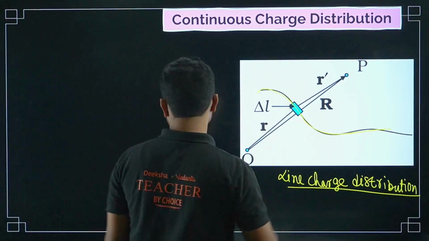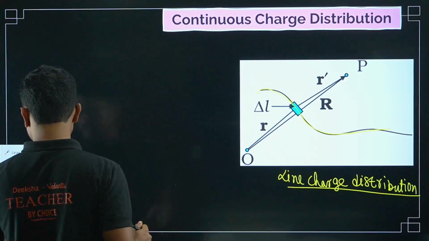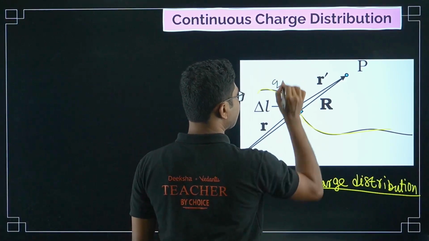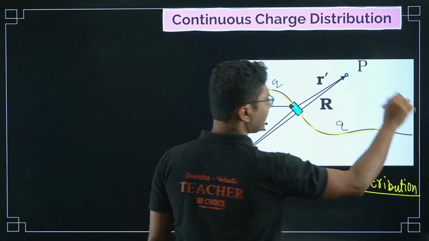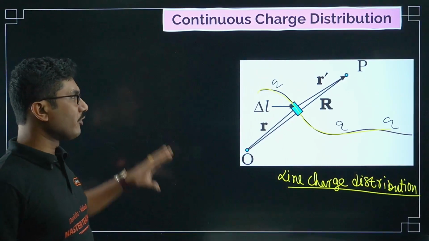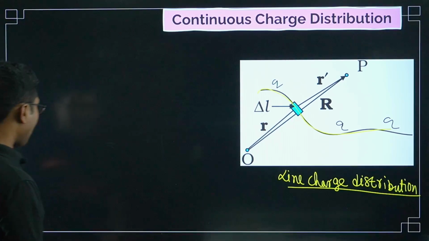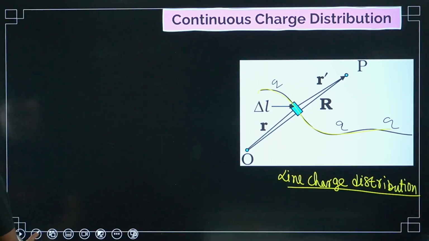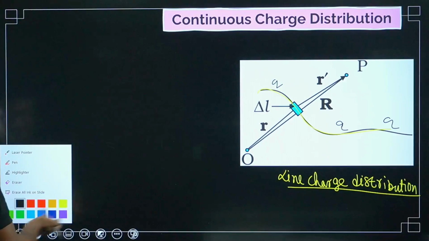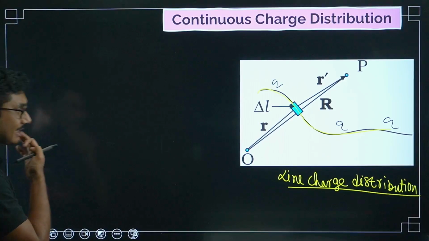Some charges are placed on this line. Now if it is uniformly charged, how can we find the charge distribution? Even if it is non-uniform charge, you can find the charge distribution.